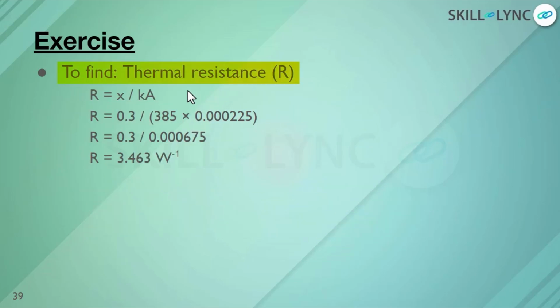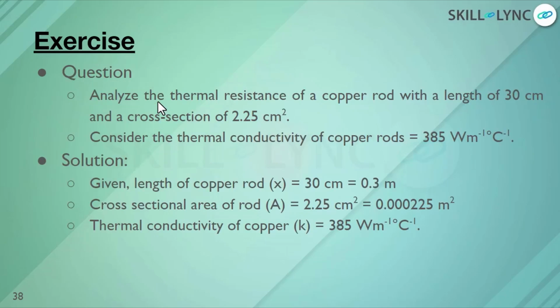Thus, to find the thermal resistance R, we use the formula R equal to X upon KA. X, K and A we have already denoted in the previous slide in the given conditions. X is the length of the copper rod, A is the cross-sectional area of the rod, and K is the thermal conductivity of copper.